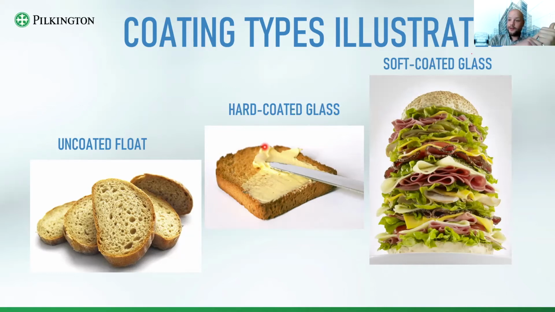And you can make it low E with 1 or 2 layers of silver. So the magnetron process allows much more diversity and flexibility in making coatings. That is why it is technically superior to the hard coated glass.